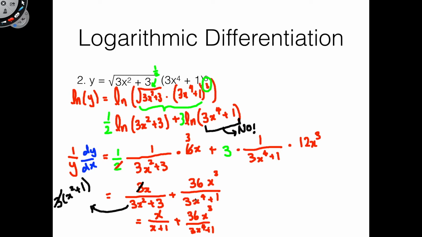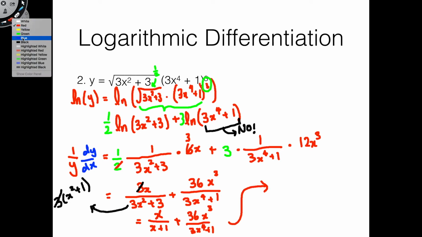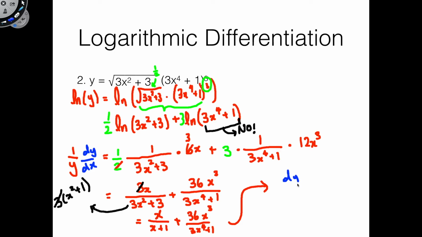Okay, and now finally we just go ahead and multiply the y to the other side, which would give us dy dx equals y, I'm just going to leave it on the outside, x over x plus 1 times 36x cubed all over 3x to the 4th plus 1.